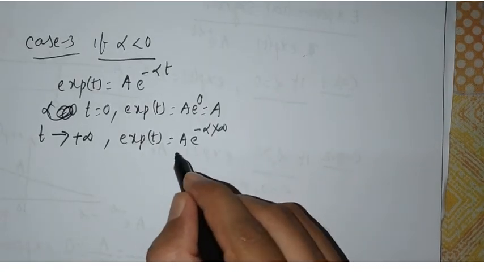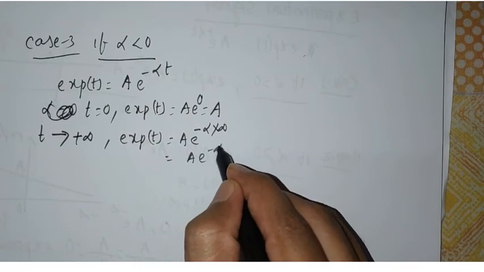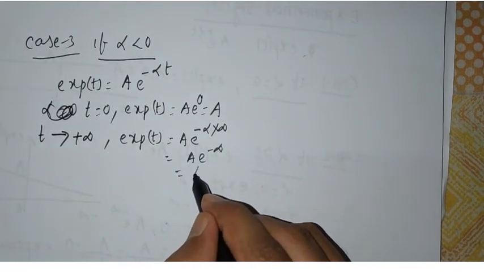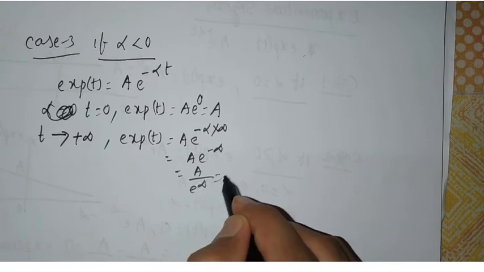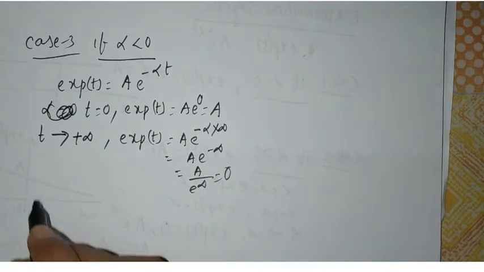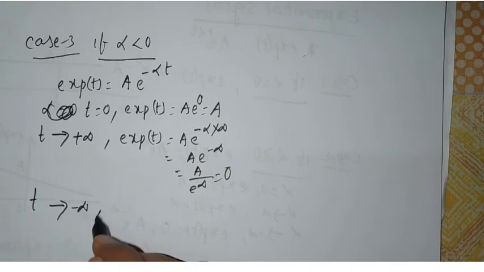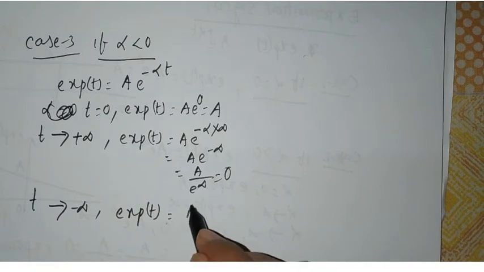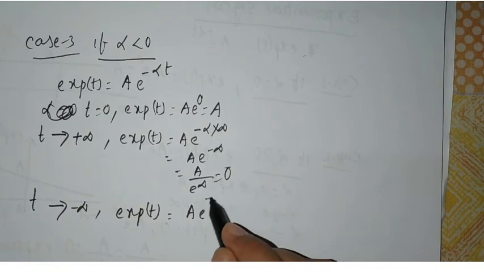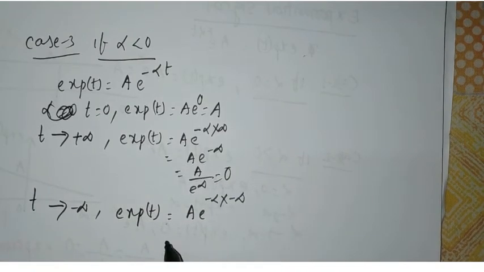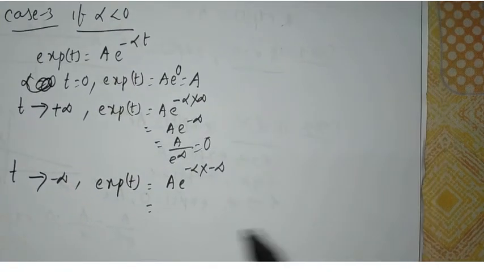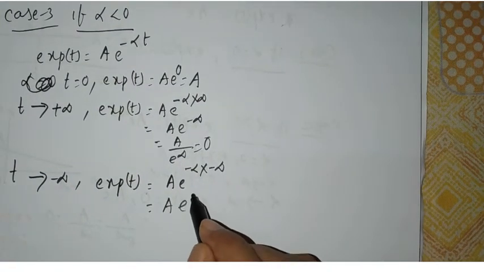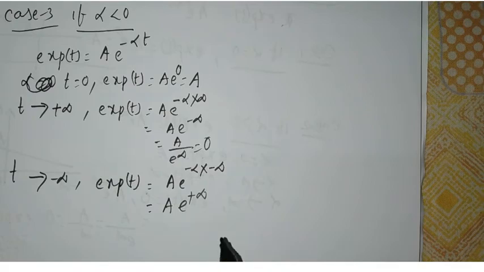So that is a e to power minus infinity, that is a by e to power infinity equals 0. And when t tends to minus infinity, then exp t is a e to power minus alpha multiplied by minus infinity, that is a e to power plus infinity equals infinity.